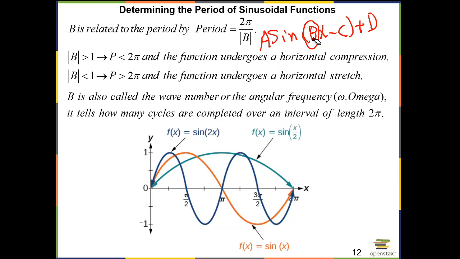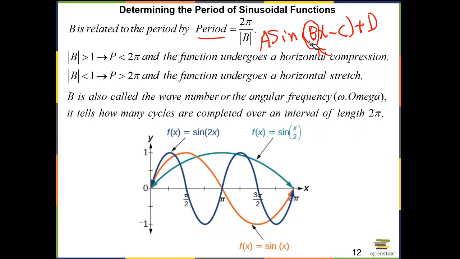It could be negative, but usually we assume this is positive, because if it's negative, we can use identities to write it as something with a positive coefficient. So for now, let's say absolute value of b. If you divide 2 pi by absolute value of b, you get the period, always.